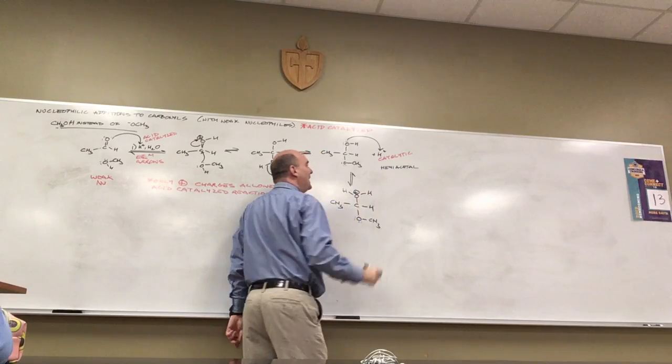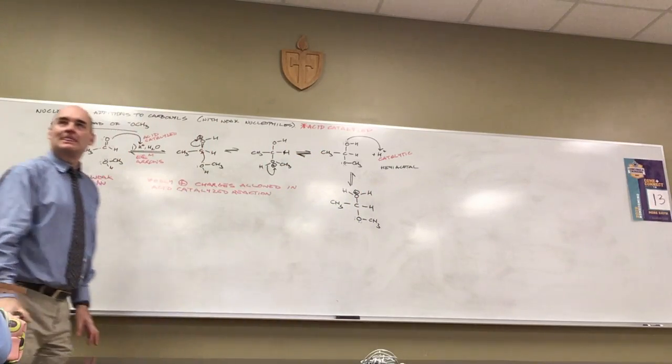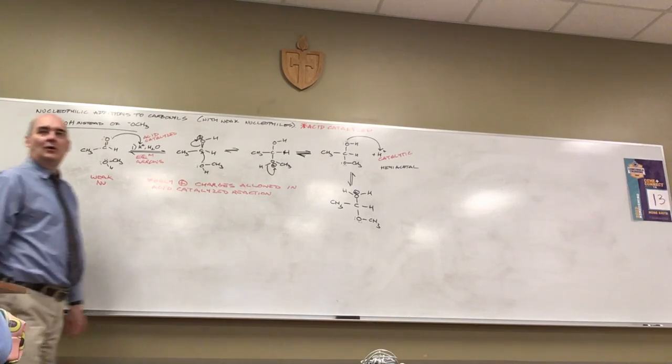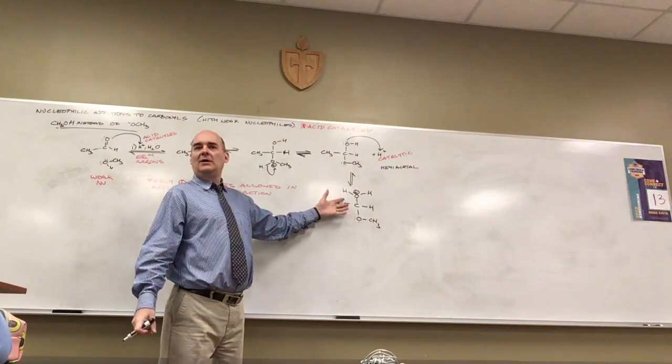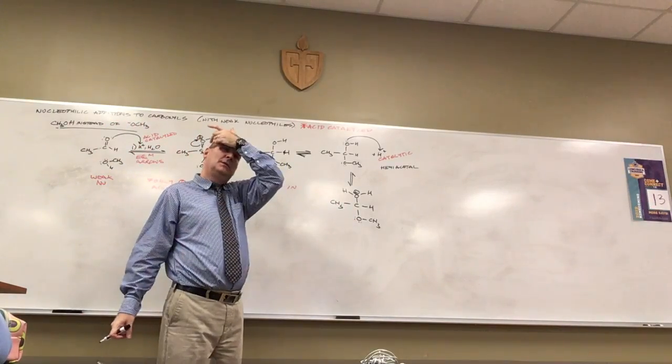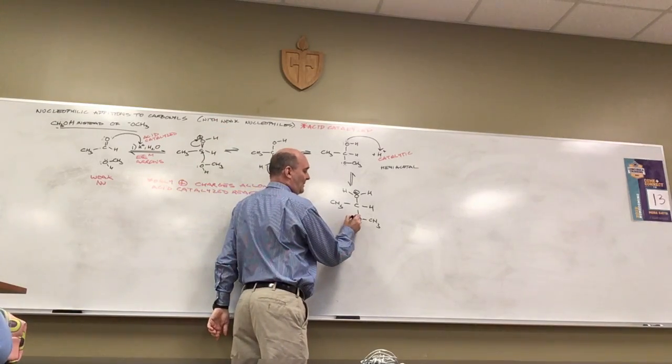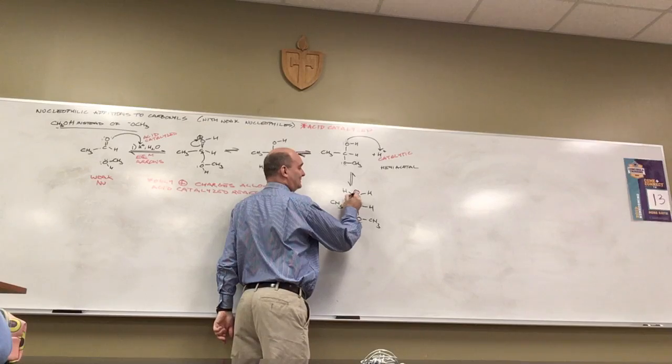I have now made a leaving group. There's a leaving group in my molecule for the very first time. It's right there. H2O. It wants to go. How am I going to make it go? Between a carbon and an oxygen. You mumbled, but I think you're saying that. Yeah.